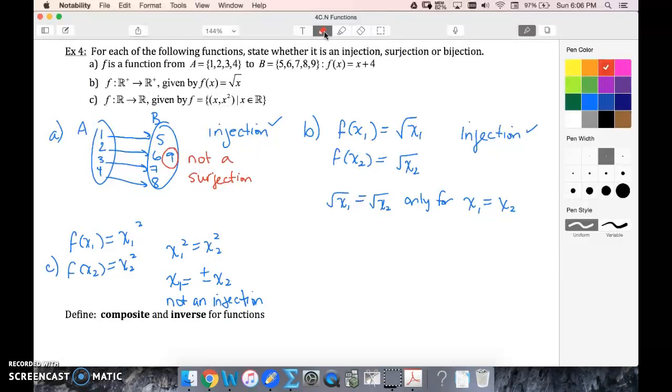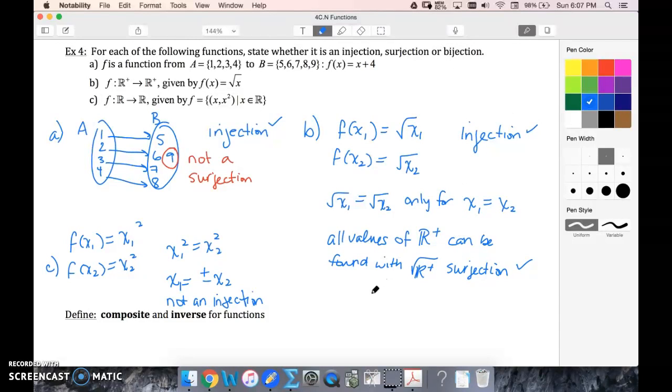So this is also going to be a surjection. So all values of positive reals can be found with the square root of positive reals. So this is a surjection. Bijection is when you're both. Yeah? So this is also a bijection.